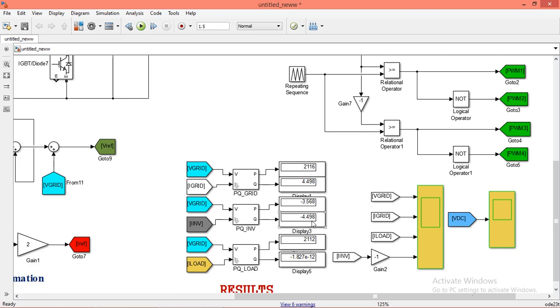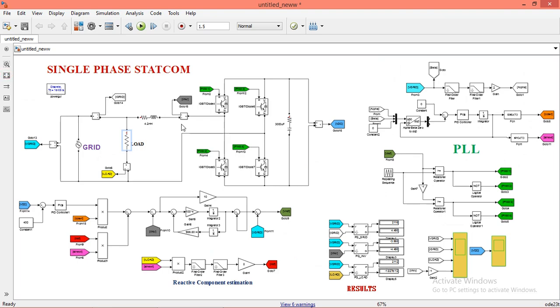Here you can clearly see that the reactive power consumed by the load is nearly zero. Hence the reactive power delivered by the inverter is nearly zero. Only active power is taken from the grid. Since we don't have a reactive element in the load, no reactive power is supplied by the inverter. So that ends this presentation.